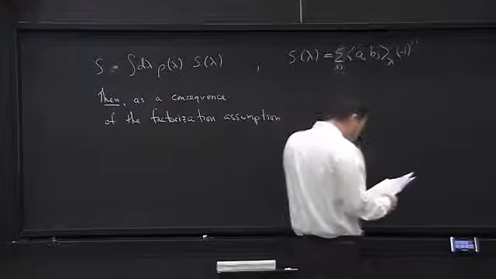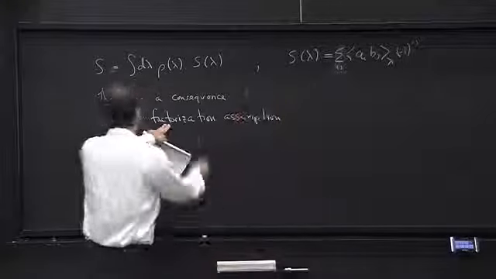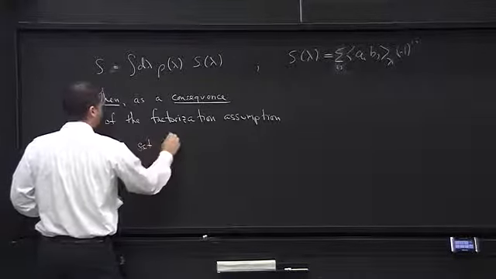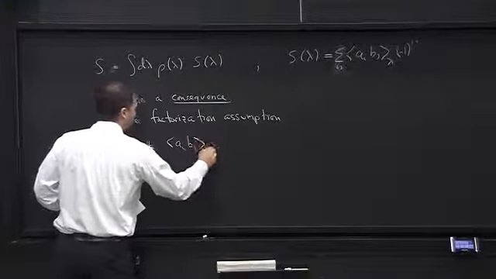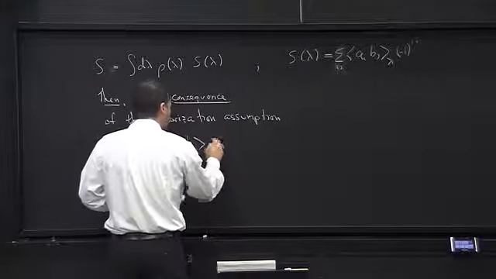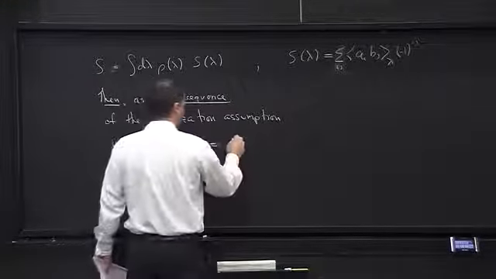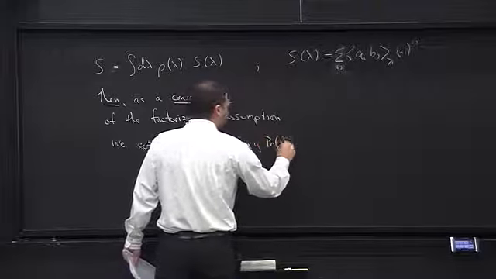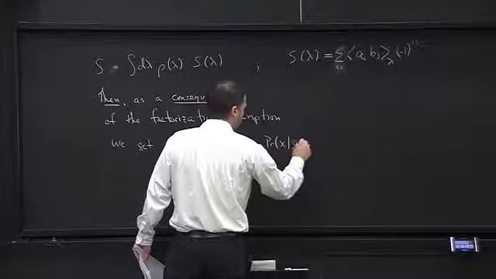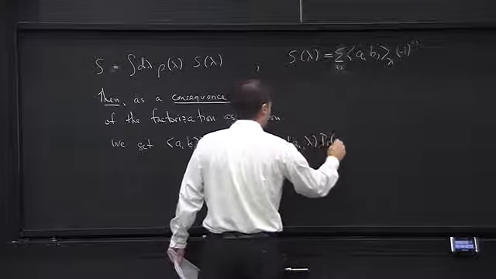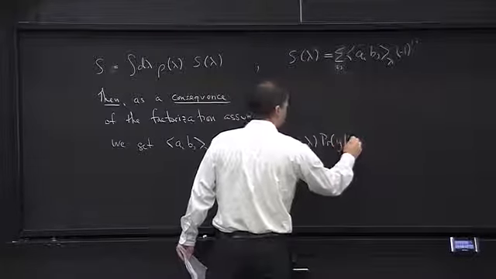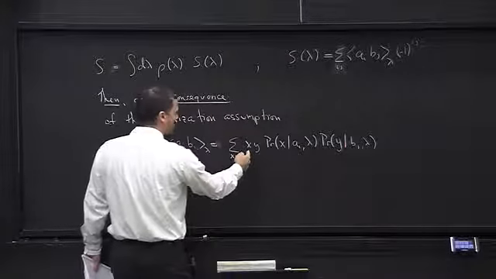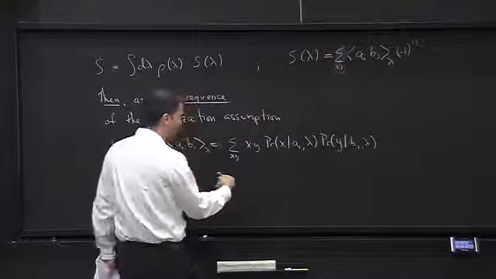So the key point is that as a consequence of the factorization assumption, we get a_i b_j lambda is equal to the sum over x, y of the probability of x given a_i, lambda times the probability of y given b_j, lambda, which then, of course, now this dependence on x and y products out.